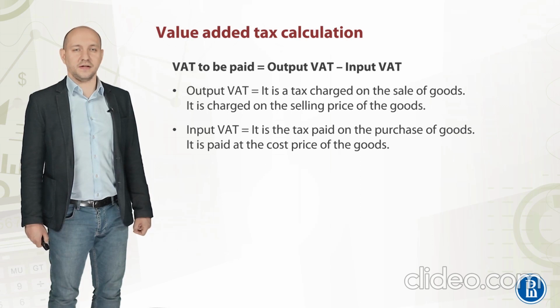It's charged on the selling price of those goods or services. Input value-added tax is the tax which is paid on the purchase of goods or services. It's paid at the cost price of those goods or services. So this way you can calculate the value-added tax that you should pay in the specific period of time.